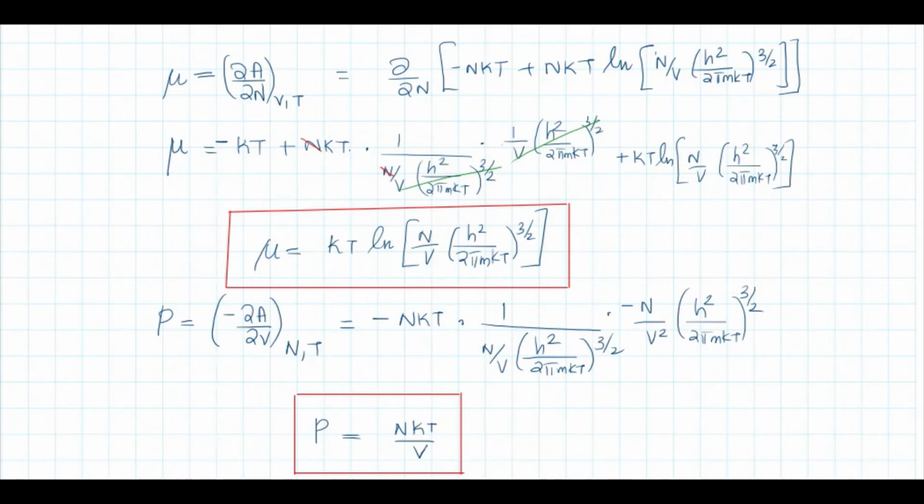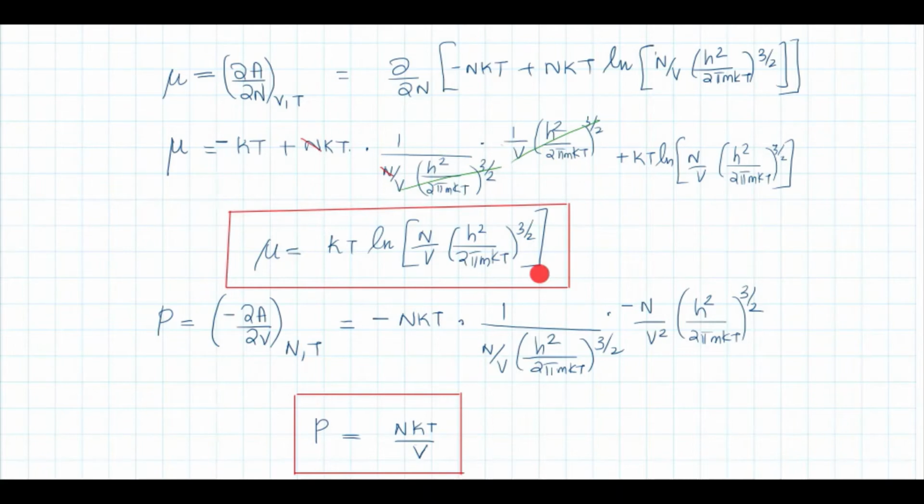The derivative of 1 by v is minus 1 by v square, times h square by 2 pi m kT raised to 3 by 2. These are all constants. This negative sign is from the definition. So these terms will cancel and you will get P equal to nkT by V. This is the ideal gas equation. These results we already obtained in lecture number 4 with a different approach.